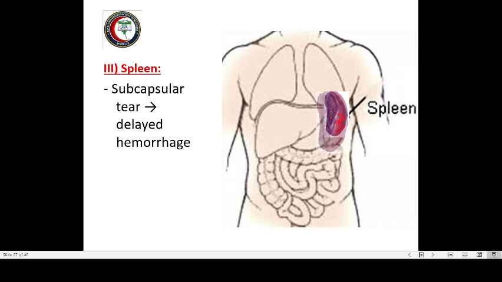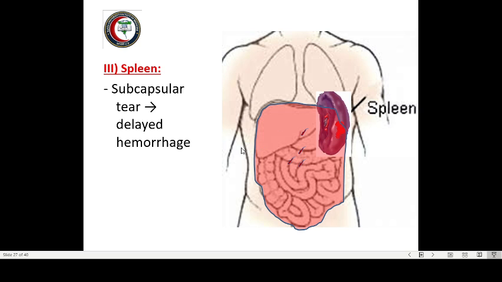And then the bleeding continues more, the organ is swollen more and more, and there is more stretching of the capsule. This process will continue until we reach the limit of the elasticity of the capsule. Here the capsule will rupture and the blood will go to the abdominal cavity, causing intraperitoneal hemorrhage.